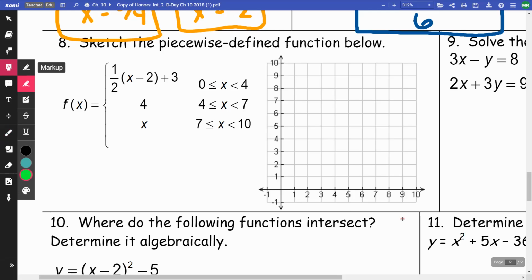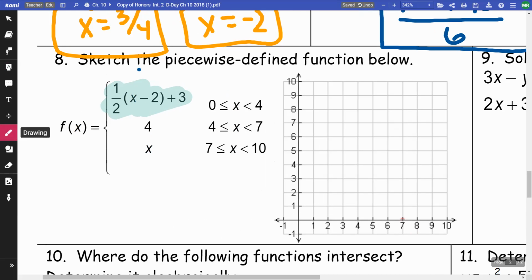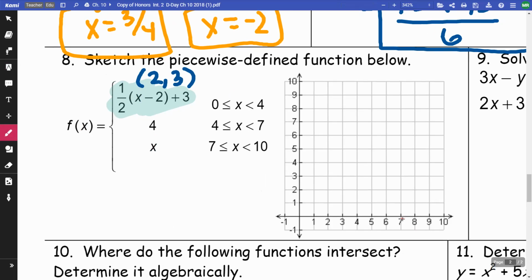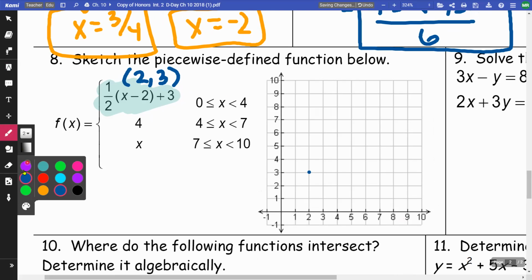So anytime I see an equation in this form, I basically think of this as I know a point and I know a slope. A point is going to be (2, 3), just like if I was going to identify a vertex. So I would be starting at (2, 3). And then I am going to be going up 1, out 2.